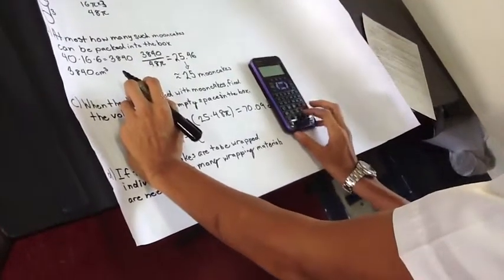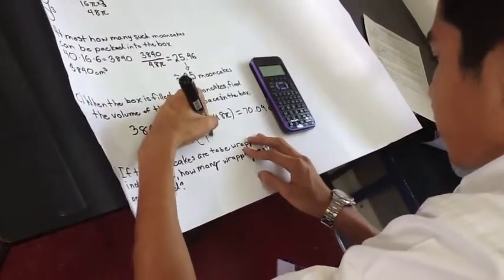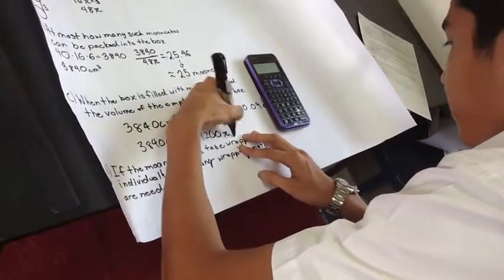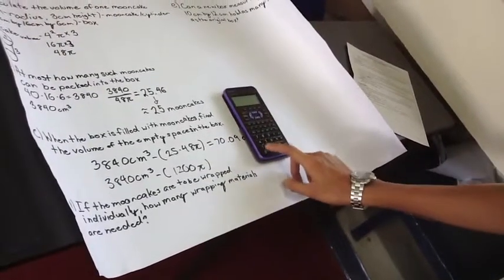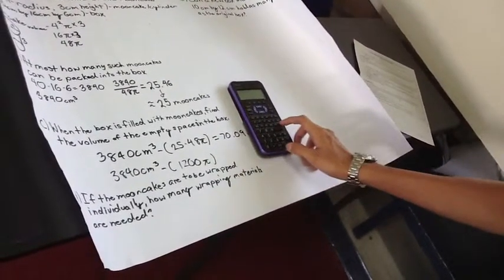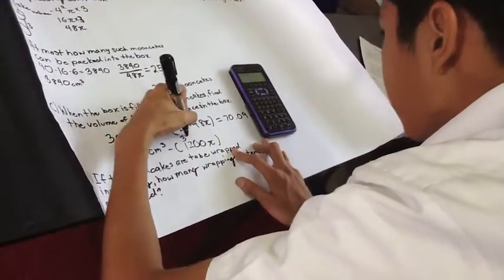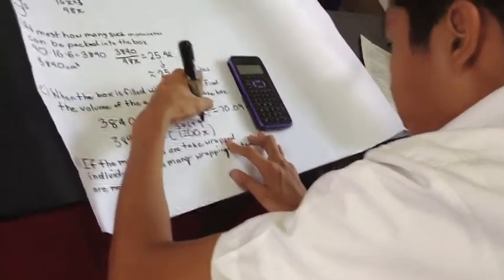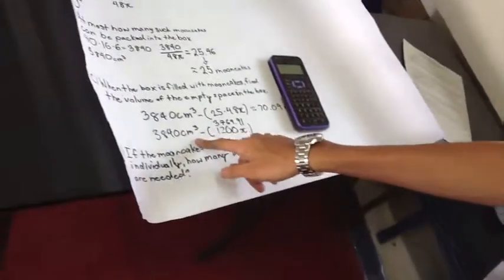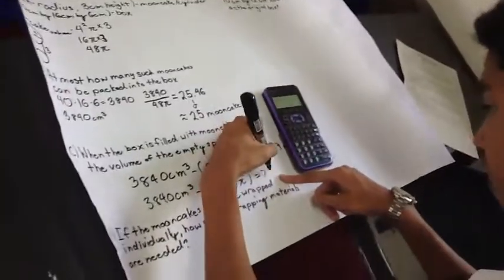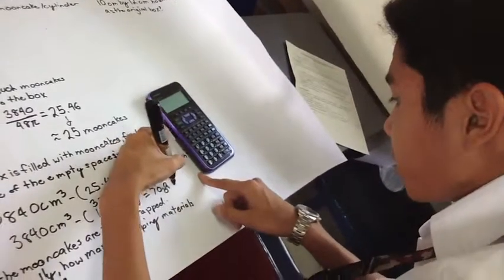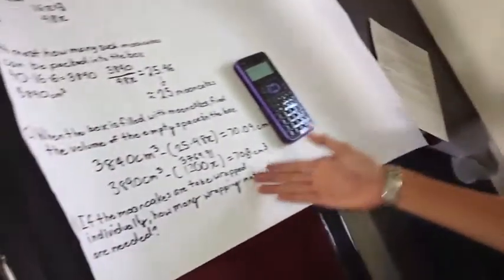I shall show you the basic steps. 35 times 48 equals 1,680 pi, which equals 3,769.91. You subtract that from 3,840 cm cubed, and that would equal 70.09 cm cubed. So that's the empty space in the box.